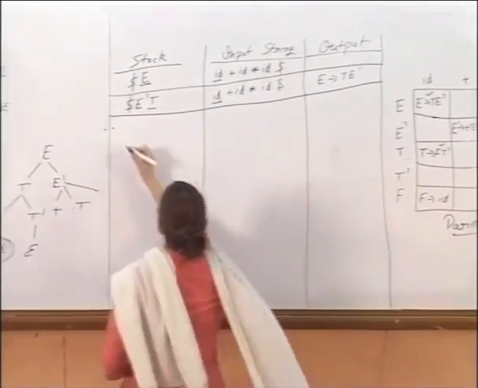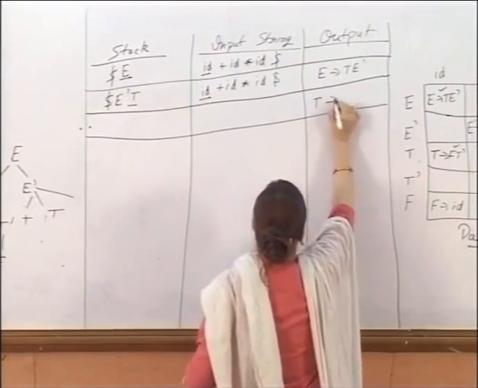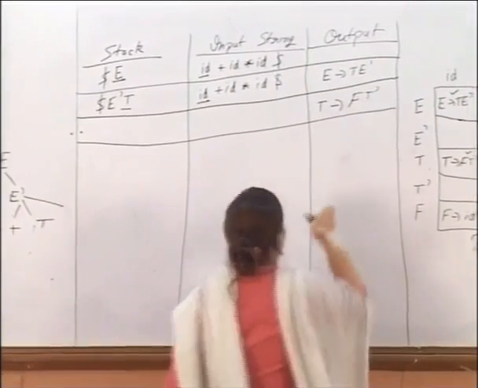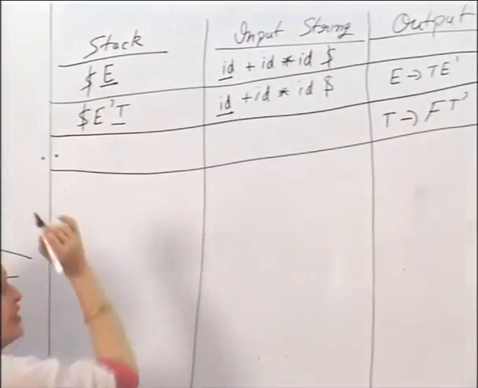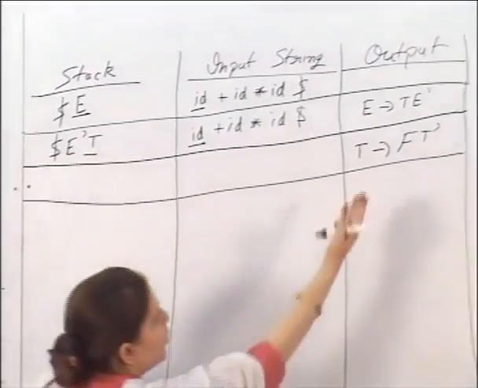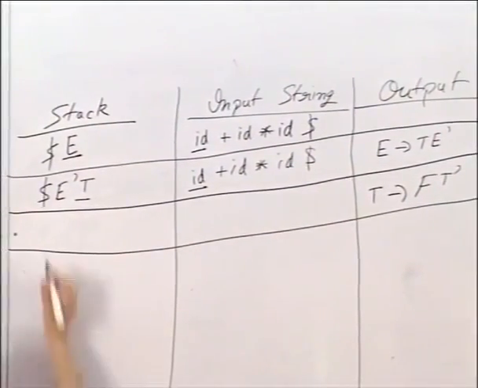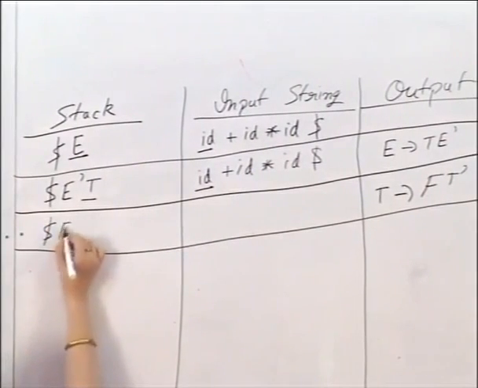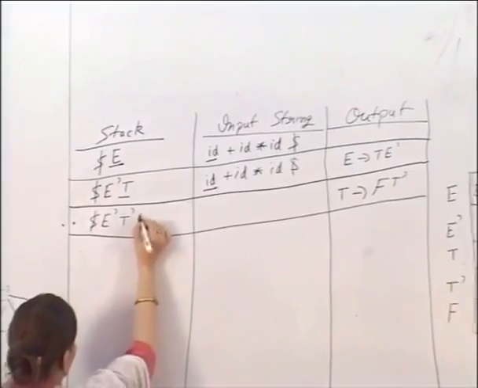That means we will apply the production rule T to F T dash, and then we will pop this capital T from the stack and push the right side of the production into it after reversing. That is dollar E dash, T dash and F.